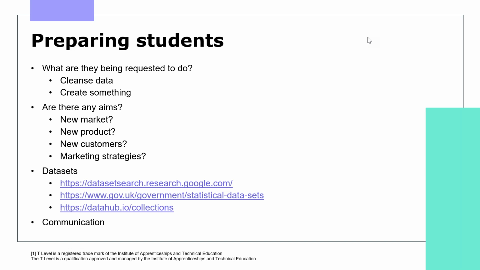There might be numerous ways the data set could be approached to meet that business needs. So it all depends on what trends and patterns they might be able to identify, and can they justify how they've identified those trends and patterns and why they think those are the ones that are most important. And again, it then gives them a chance to link back to that business aims and objectives again.